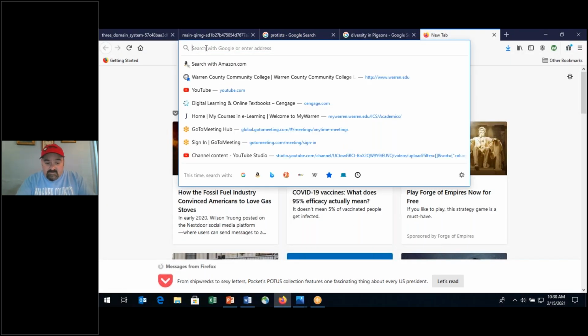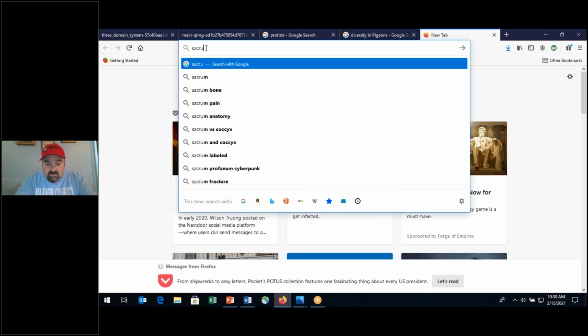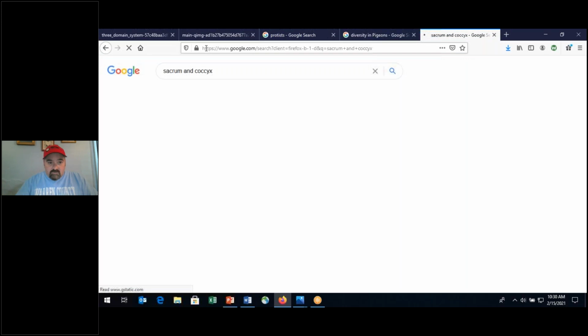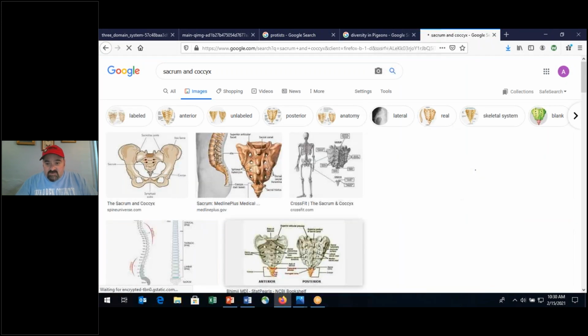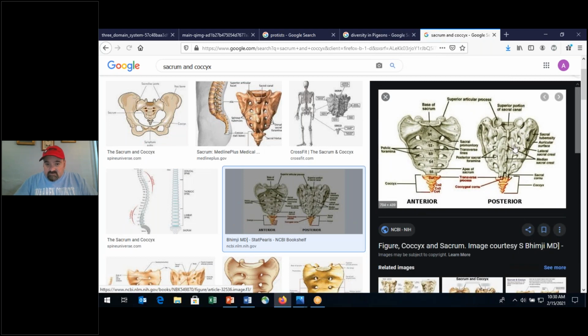So here you can see the sacrum, this is the posterior aspect, this is the anterior aspect, and the coccyx, your tailbone.